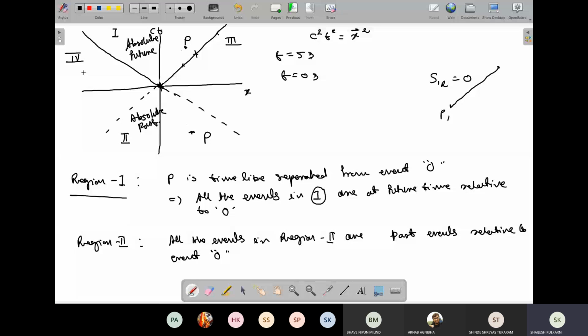Suppose I have two events, so let us go to the next page. I will again draw the space-time diagram, this time in a slightly different way. For convenience, I will draw this three-dimensional figure. It will be better, just to illustrate what is happening.